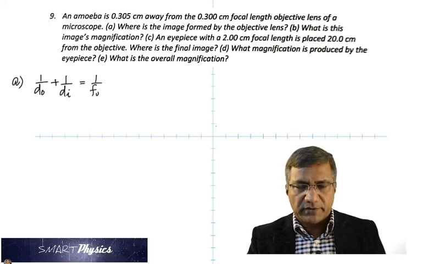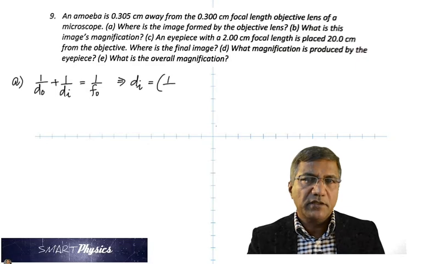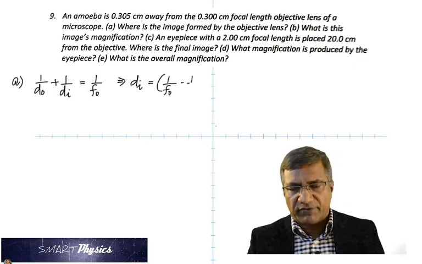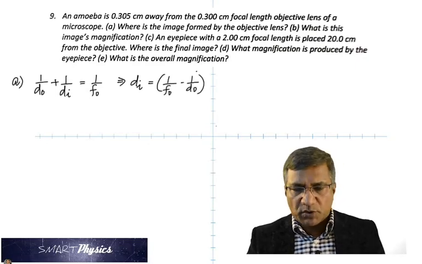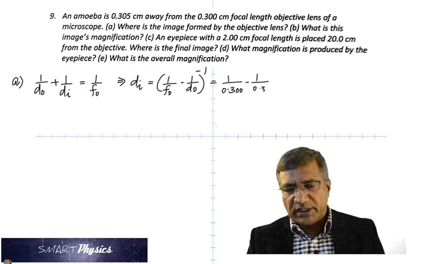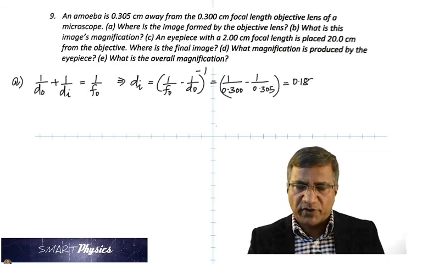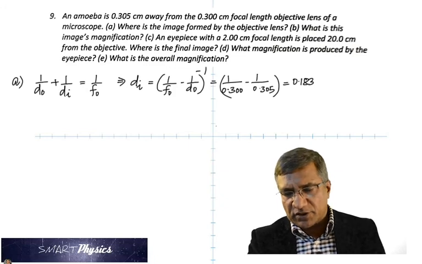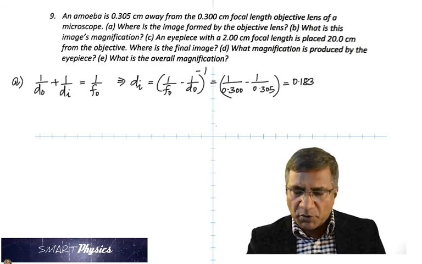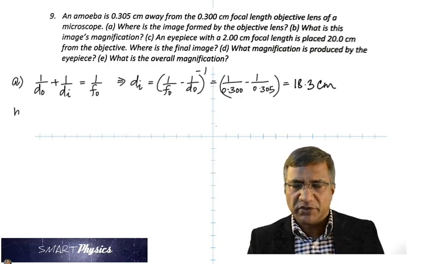And calculate. When you make DI the subject directly, you can write it as 1 by FO minus 1 by DO raised to minus 1, which gives 1 by 0.3 minus 1 by 0.305. So that actually gives 0.183 in meters, so it's actually 18.3 centimeter.